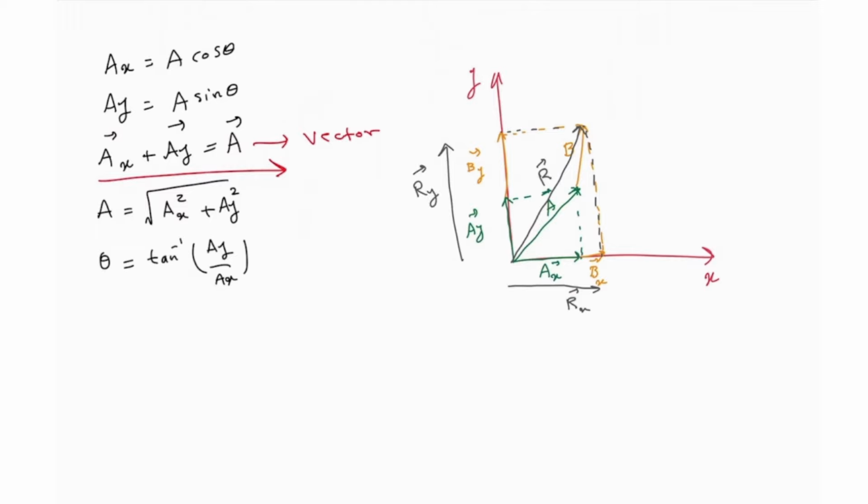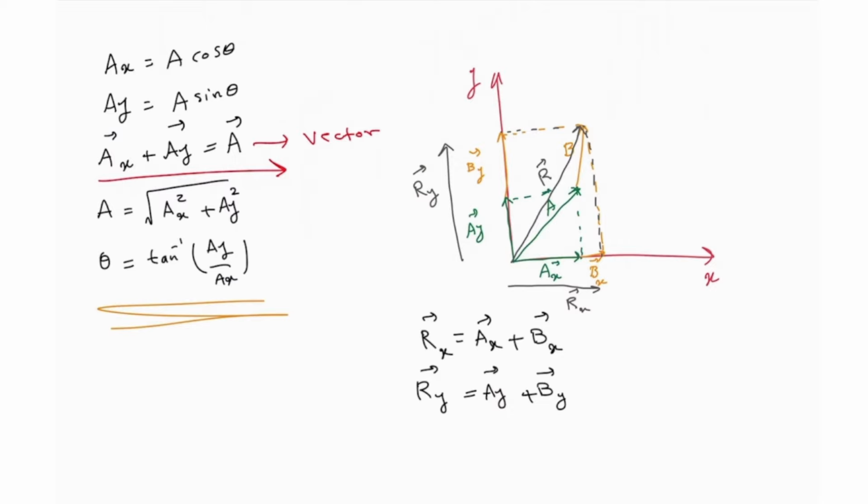Now I'm going to draw the x and y components of the R vector. As you can see in this graph, the sum of y components of A and B gives us the y component of the resultant vector, and the sum of x components of A and B gives us the x component of the resultant vector. To calculate Ax and Ay and Bx and By, we use the formulas that I just mentioned.